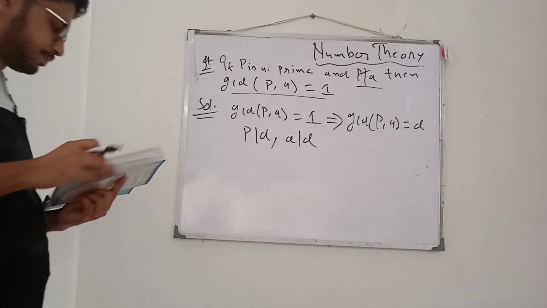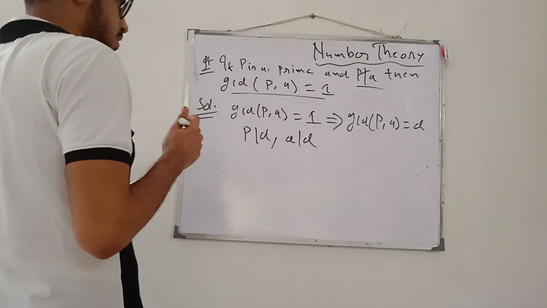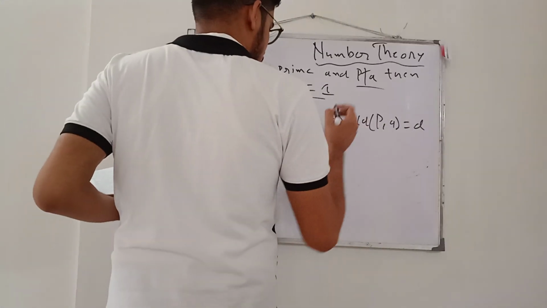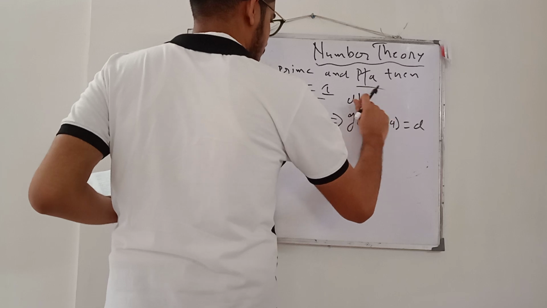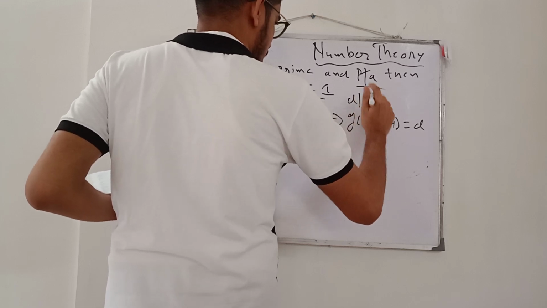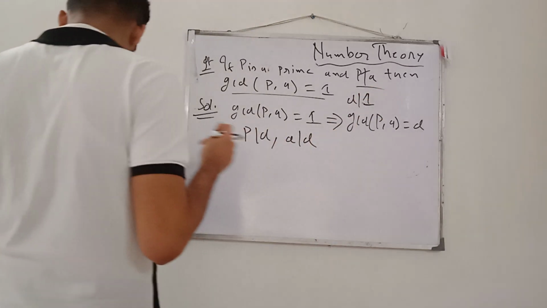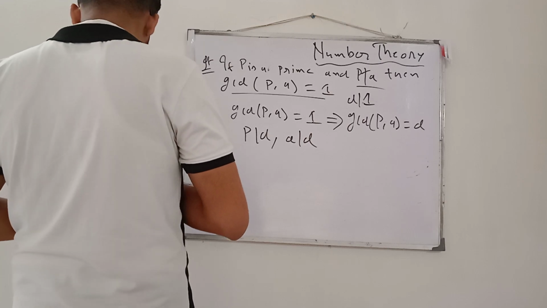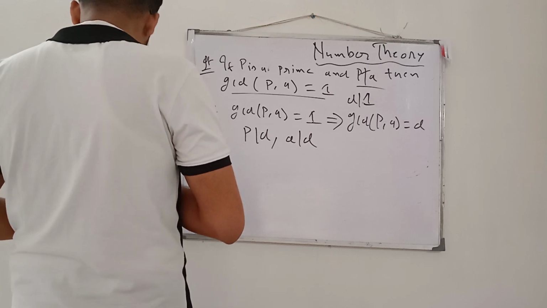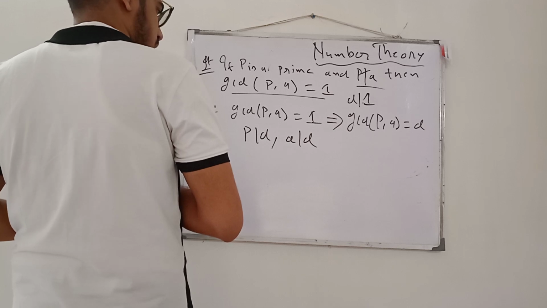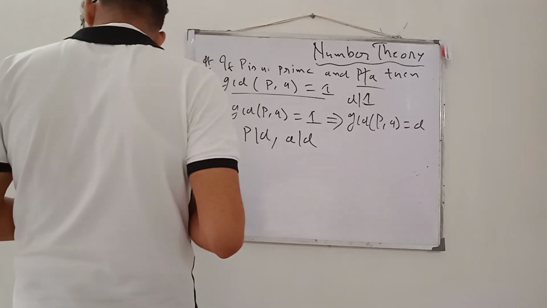Hence, we all know that D is equal to 1. D by 1.